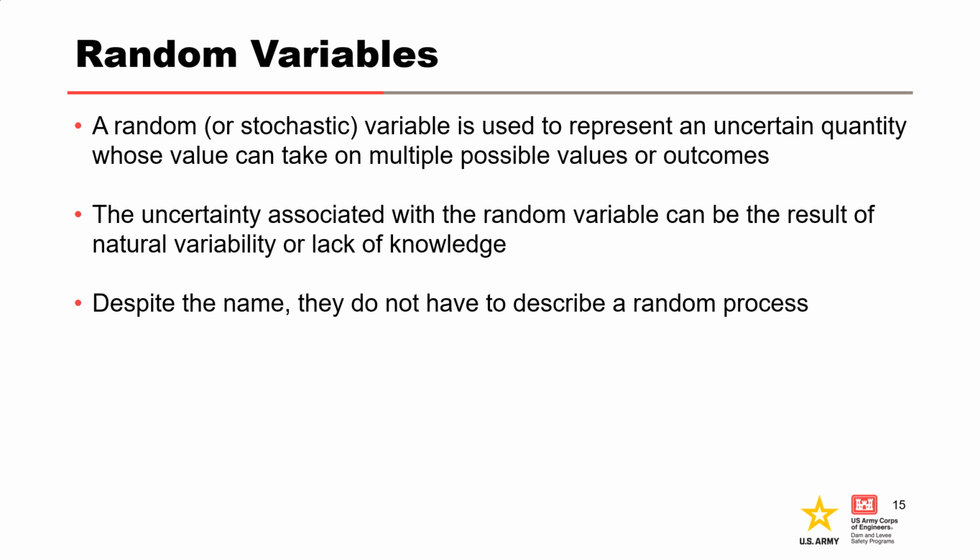Random variables are used to represent an uncertain quantity whose value can take on multiple possible outcomes. It depends on some probability distribution rather than a deterministic rule. This uncertainty can be the result of natural variability or lack of knowledge. Despite its name, a random variable does not necessarily have to describe a random process, which is usually indexed by time, but it can.